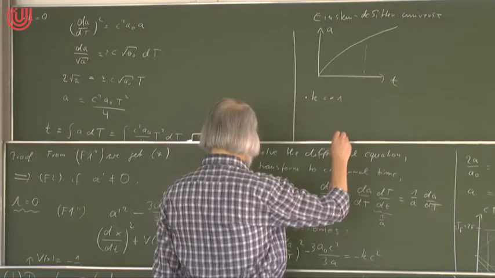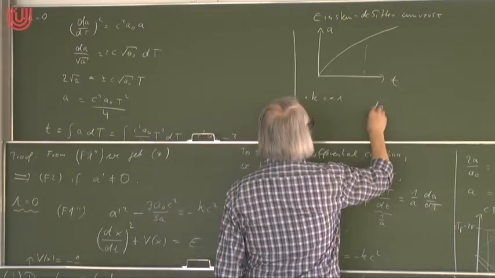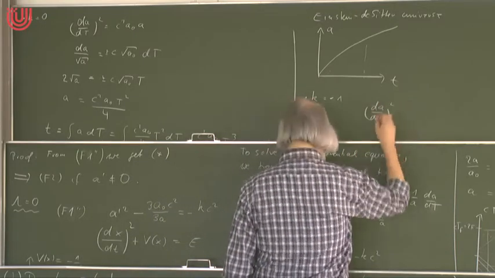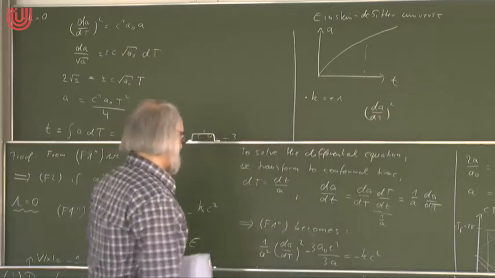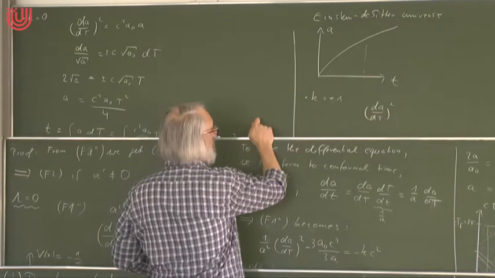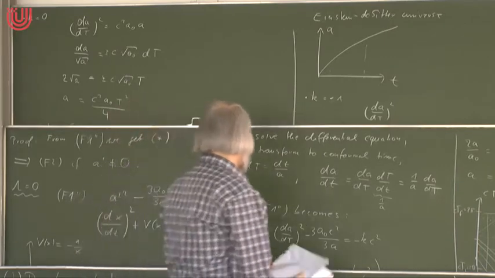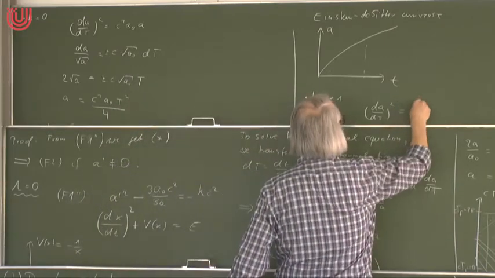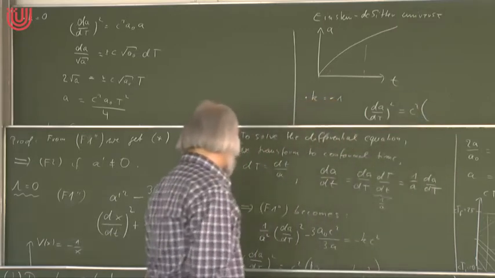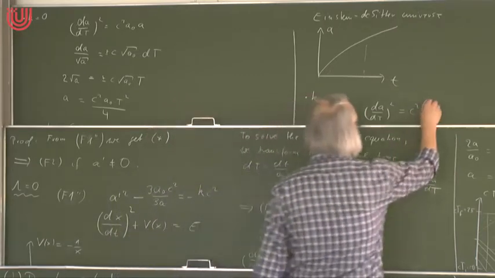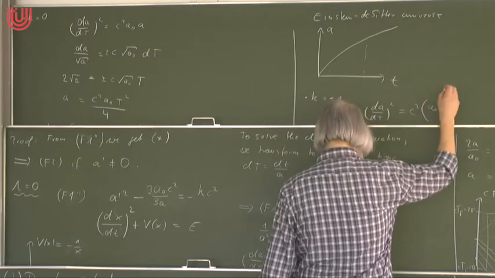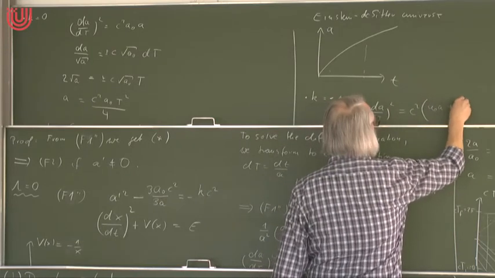So then the differential equation is (dA/dt) squared equals, in the form I want to use it, c squared, and in the bracket I have a naught a plus a squared.